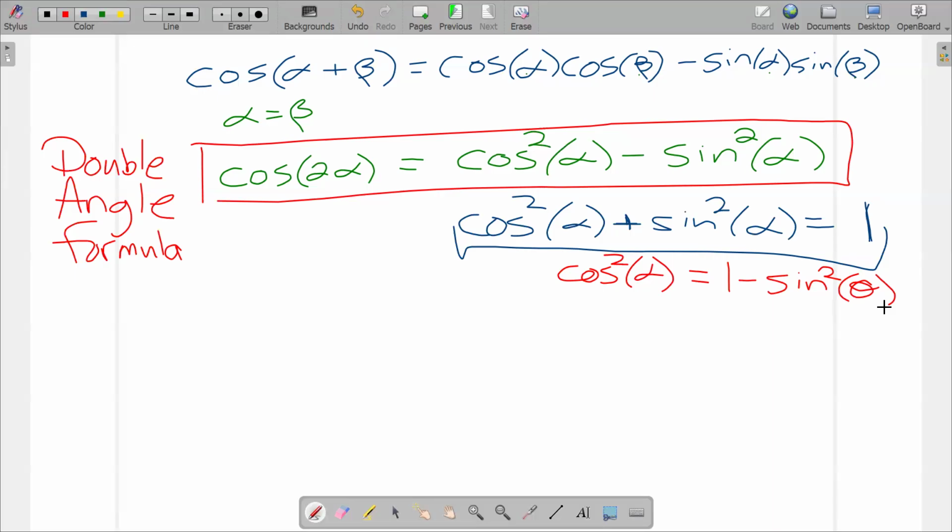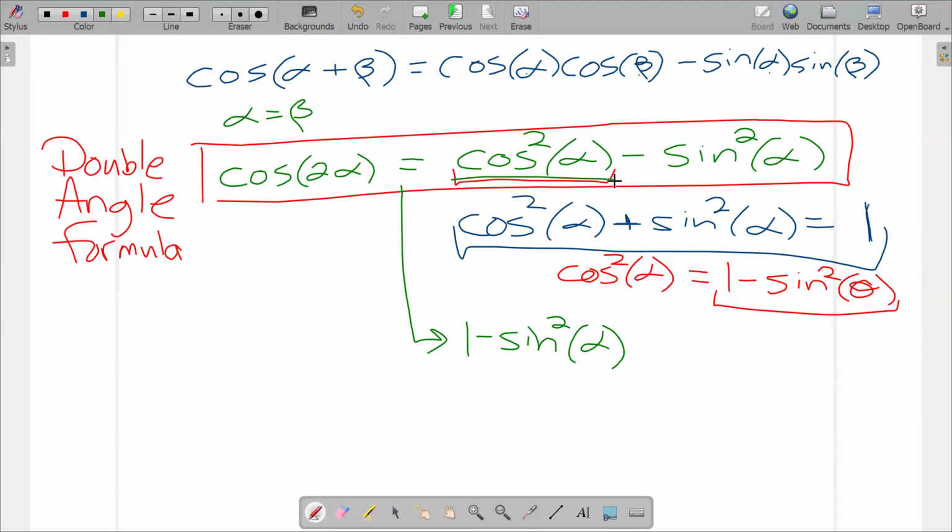So then up above, I can replace the cosine squared with 1 minus sine squared. So that's going to give me 1 minus sine squared of alpha in place of the cosine. And then I still have a minus sine squared of alpha. So that's going to give me 1 minus twice the sine squared of alpha.